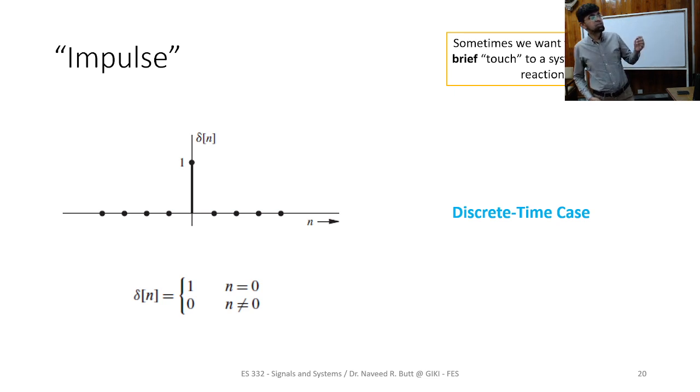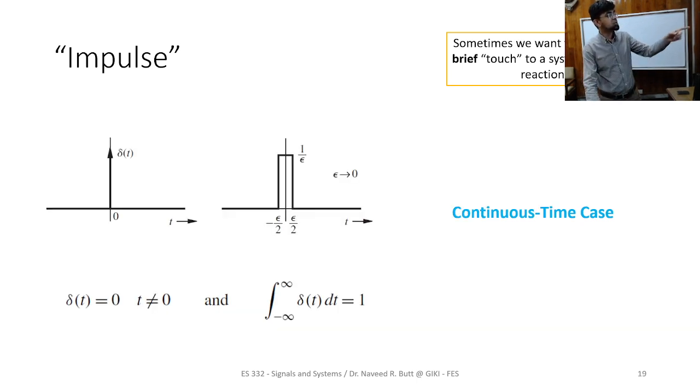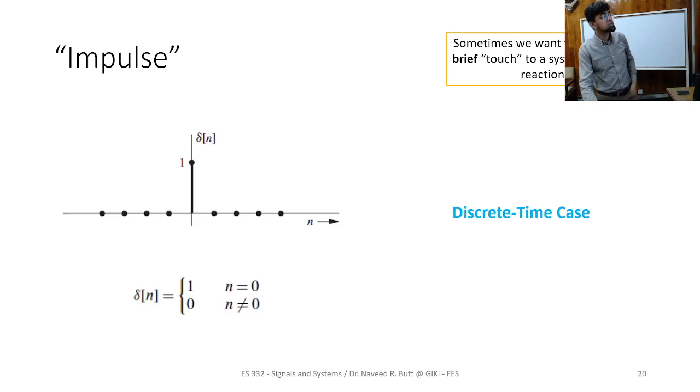Yes, and it is 0 when n is not 0. So it is almost similar to this thing where it was saying the area should be 1 and it should only be non-zero at t equal to 0. In discrete time it is much simpler. We don't need the area, we just assign it a value of 1, yes, at t or n equals 0.